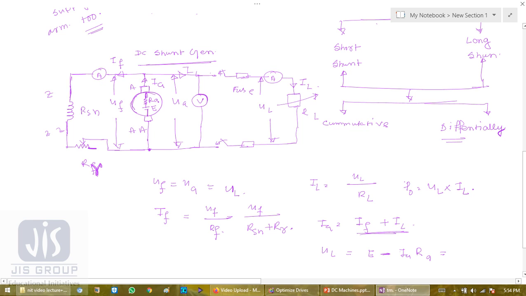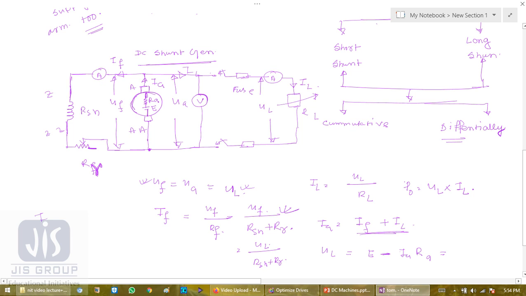Okay, so if we see this equation, we can see the field current IF depends on load voltage, because UF is also equal to UL. So we can write UF by RSH plus RR, and instead of UF we can write UL by RSH plus RR.